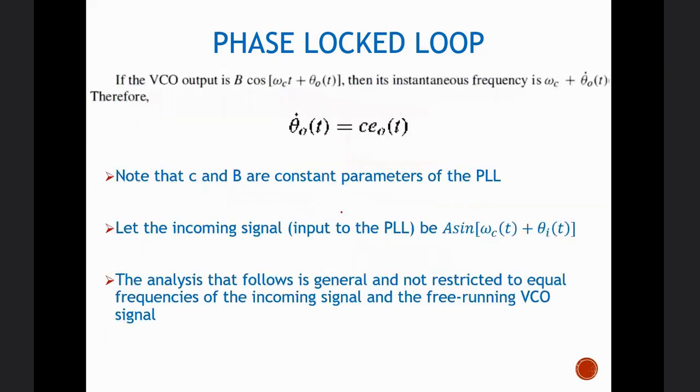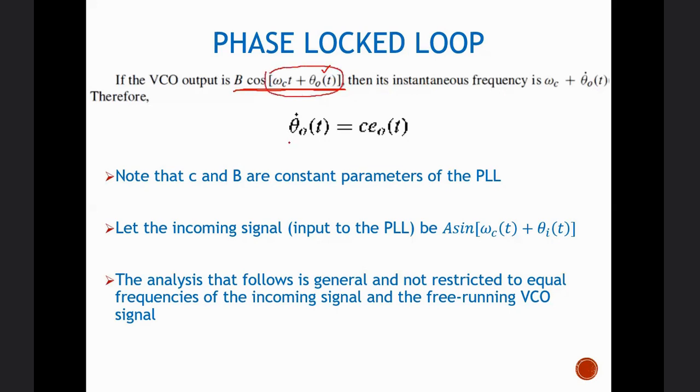So let's look at this from a mathematical point of view. Let's say the VCO output is B cos(omega C t + theta 0(t)). We have just chosen some expression for the VCO output with some value of the phase theta 0(t). Its instantaneous frequency would be the derivative of this phase.